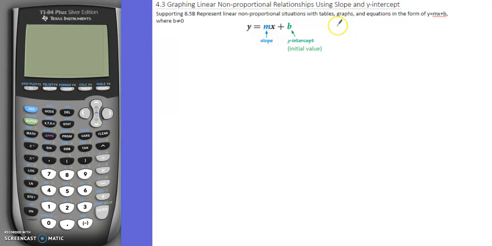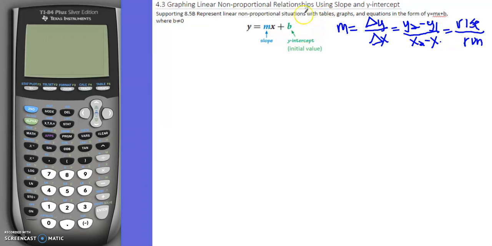You can find the slope by doing the change in y over the change in x, which is y2 minus y1 over x2 minus x1, or you can do rise over run. The b is the y-intercept, where it intersects the y-axis, or when x equals 0.